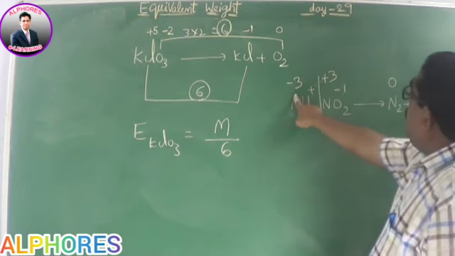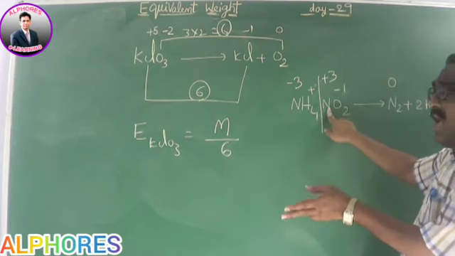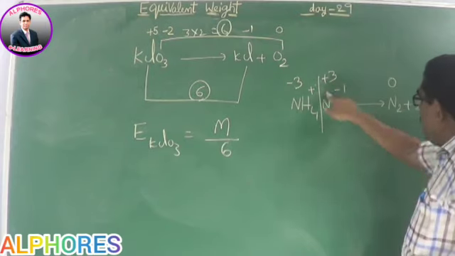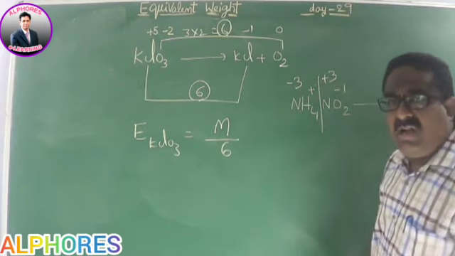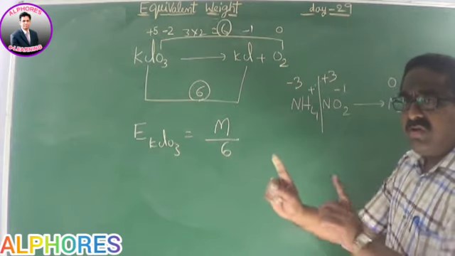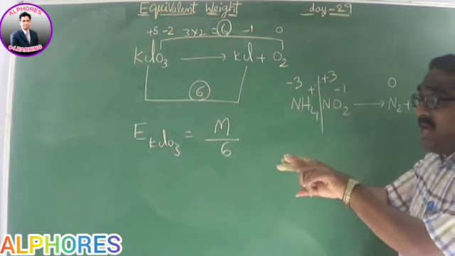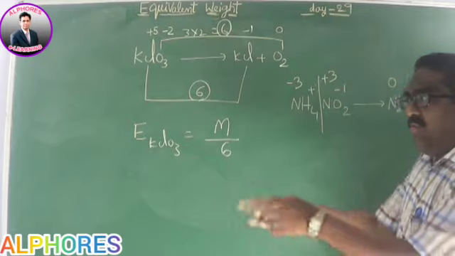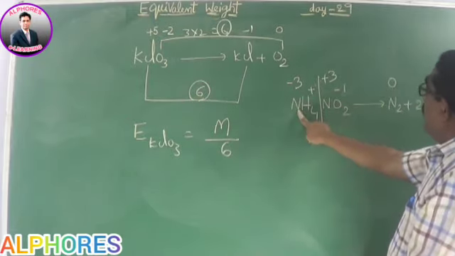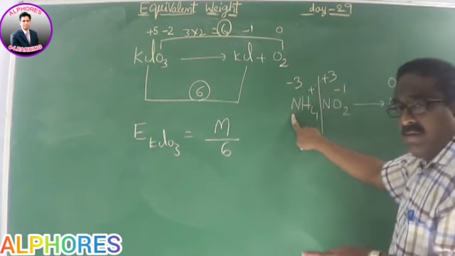So this nitrogen is losing 3 electrons, at the same time the nitrogen present in the other part of the molecule is gaining those 3 electrons, and both oxidation states become 0. It means the transfer of electrons from one nitrogen to the other nitrogen is only 3. Moreover, they are present in different parts of the same molecule, intramolecular, but in different species within the molecule, even though it is the same element.